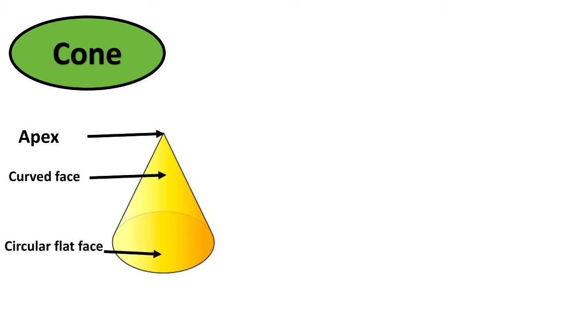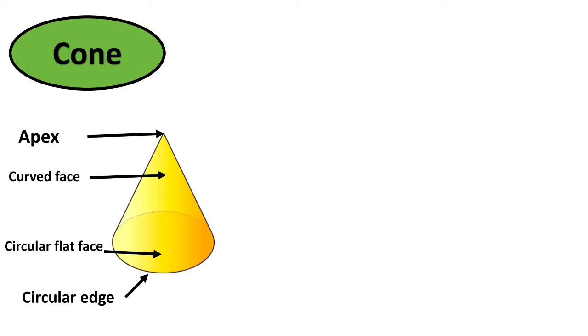And the bottom one is called the circular flat face. If it is closed, then it is a circular flat face. In the cone shape we have the birthday cap also, but the downward side is open. But some cone shapes have a cover, for example, Cornetto ice cream. We have the cover on the top.